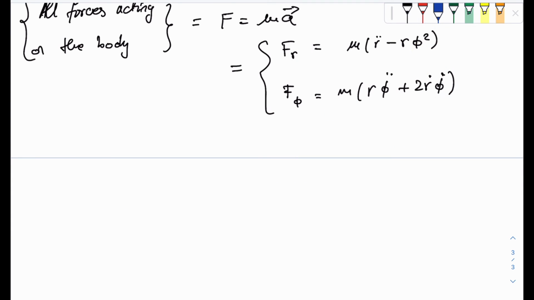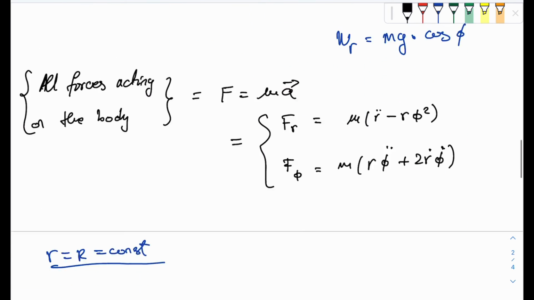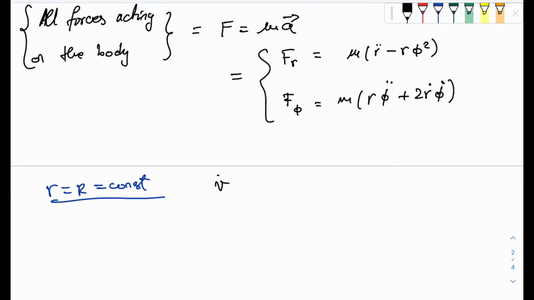Going furthermore, we have that r is equal to a constant. So the radius of this half circle here is a constant. And when r is a constant, we have no velocity and acceleration in the radial direction. Therefore r double dot is equal to 0, and r dot is equal to 0 too.